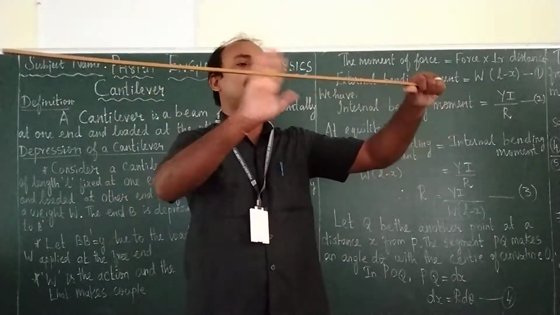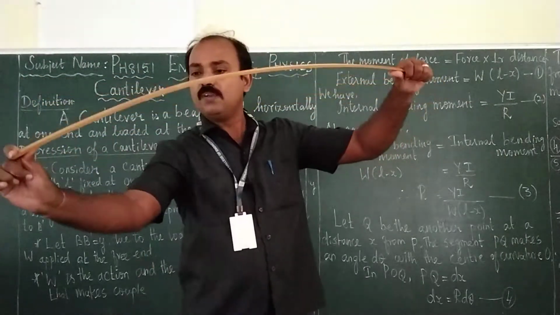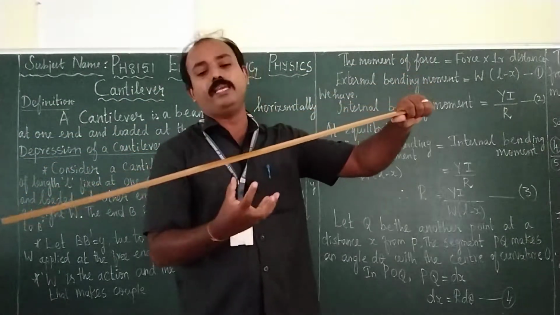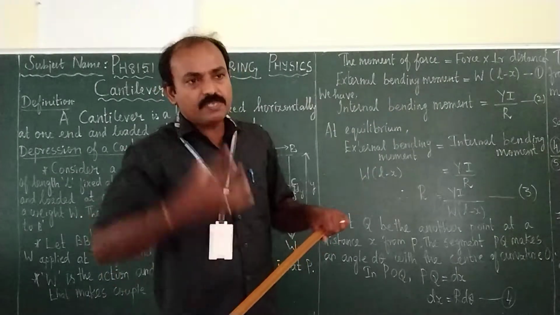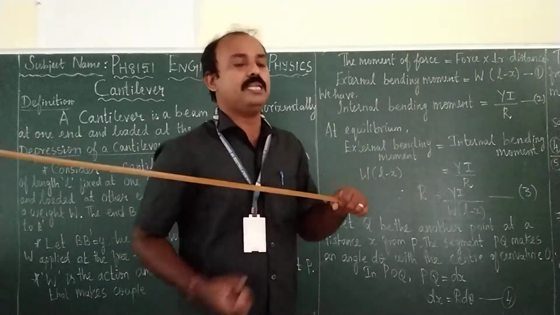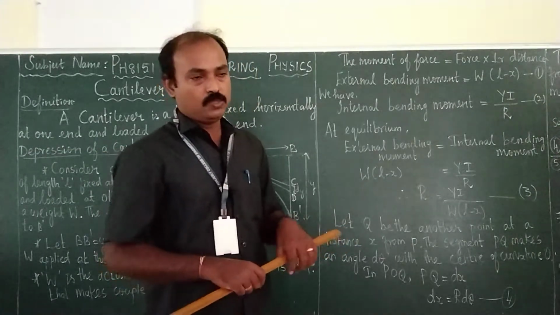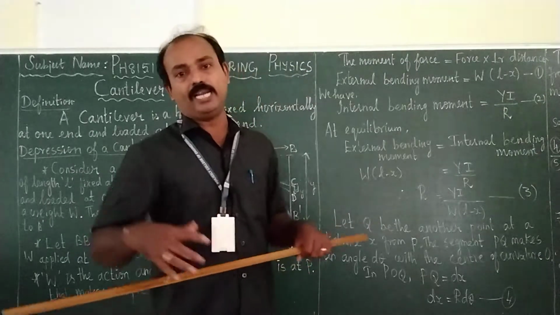Here this beam is bent due to the external force. The bending that happens visibly is called the external bending moment. Invisibly there is a bending inside this beam that we call internal bending. We need both the external bending value and the internal bending.